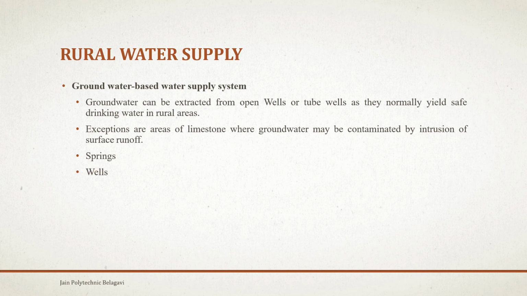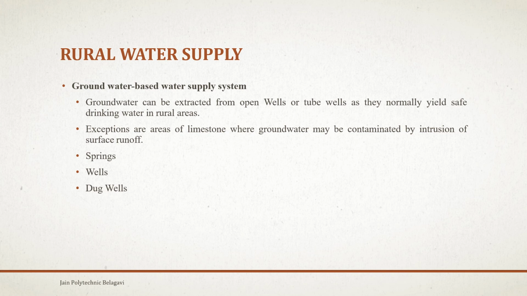As I have mentioned, there are two types of wells, open wells and tube wells. Open wells have a diameter of about 2 to 5 meters in radius, depending on the water table where the well is dug.